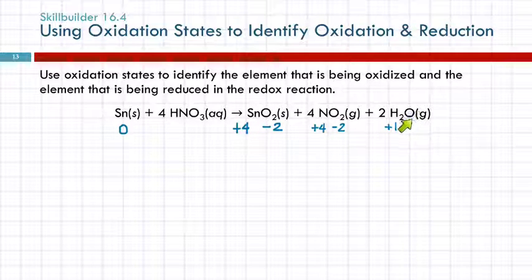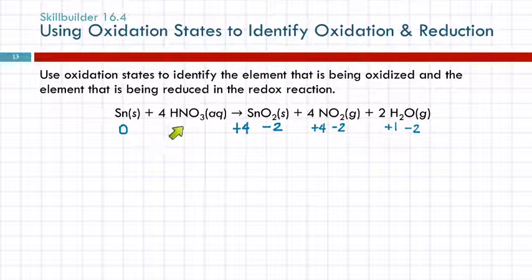And to get these to add up to 0, the oxygen has to be -2. In water, hydrogen and oxygen both get what they want. In nitrogen dioxide, not so much. The nitrogen doesn't really want to be +4, but oxygen gets first choice, so nitrogen just has to take what's left.